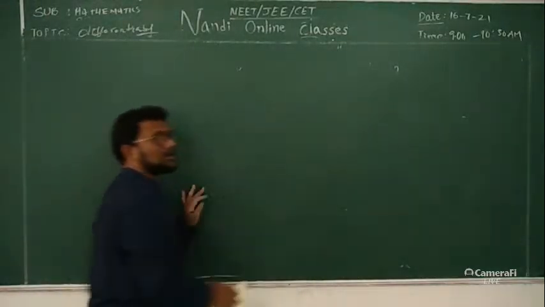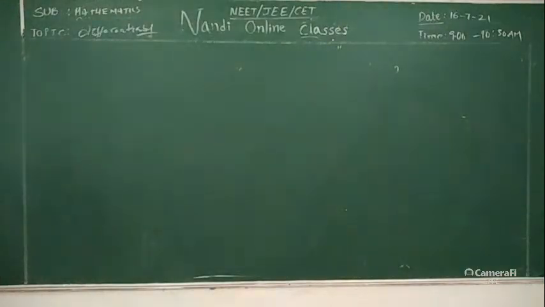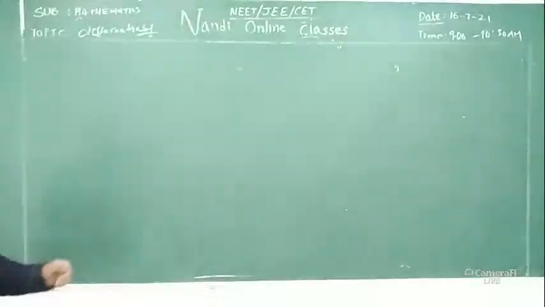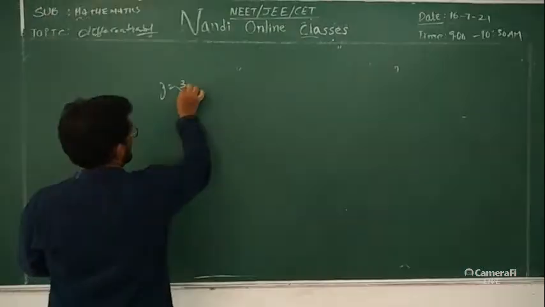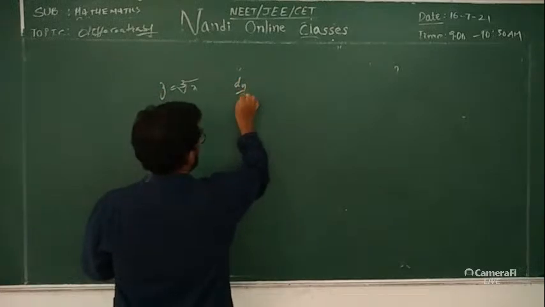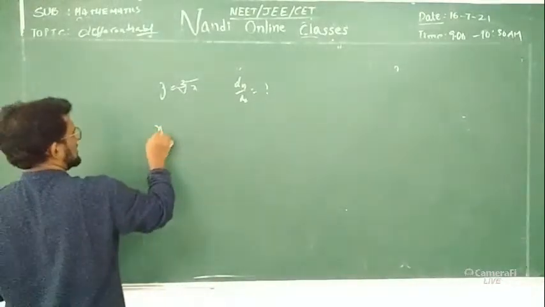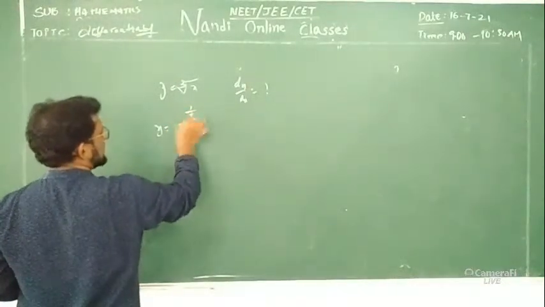Okay. Now let us do some problems. Y is equal to cube root x, then dy by dx is equal to what? This y is equal to cube root x, which is nothing but x power 1 by 3.